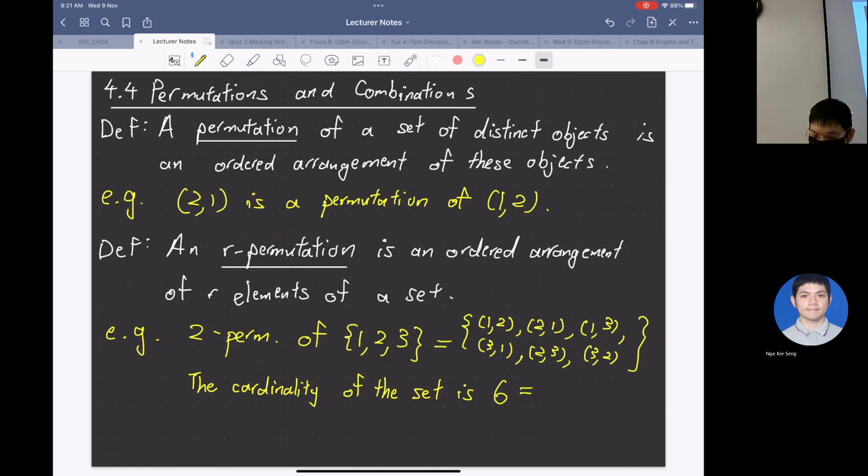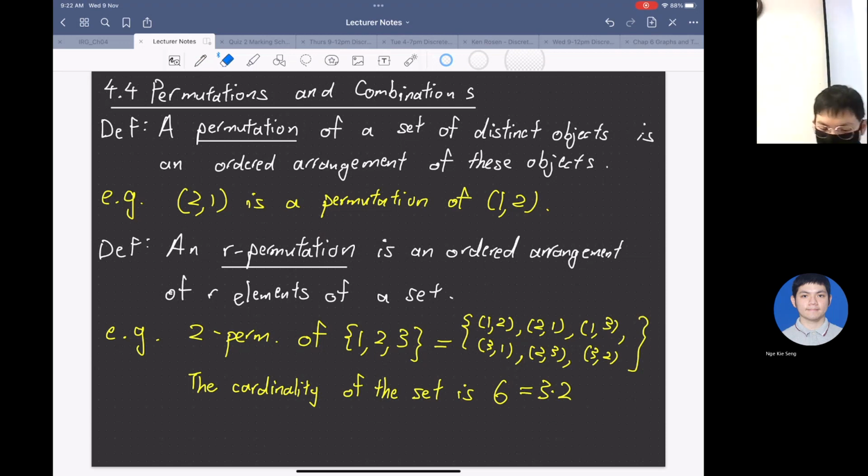It's 3 times 2, because in the first spot you have 3 ways, and then in the second spot you are left with 2 ways. So in the first spot you can put 1, 2, or 3, and then in the second spot you are left with 2 choices. So you have 3 times 2 ways.